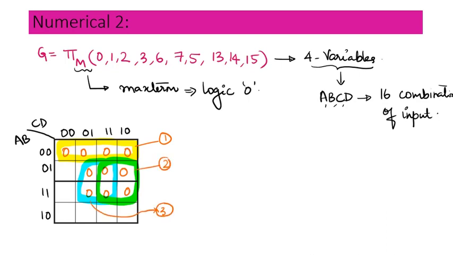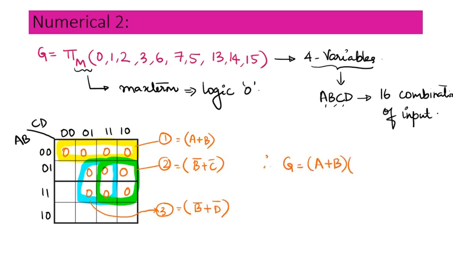So you have the first one to be A plus B, second expression to be B bar plus D bar, C bar, and third expression to be B bar plus D bar. So the final expression will be in the form of a POS, which is equal to A plus B into B bar plus C bar into B bar plus D bar.